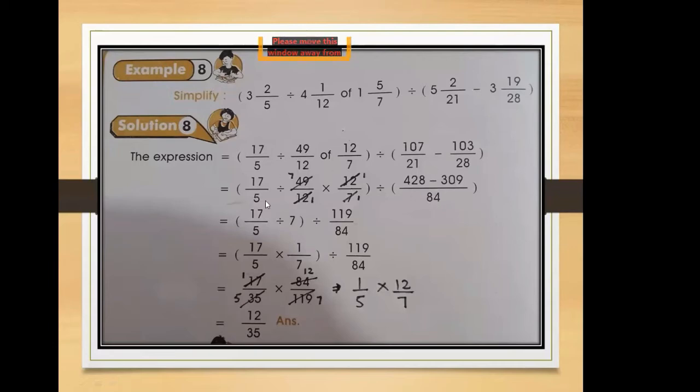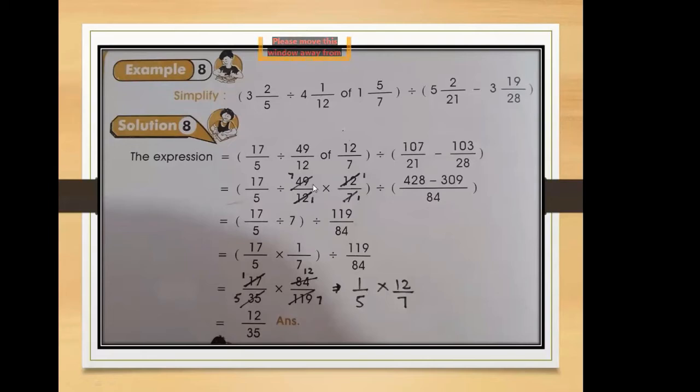Now come to this side. If cancellation is possible, we will simplify the fraction. But if cancellation is not possible, just leave it. But in this situation, cancellation is possible. What is the cross value of 7? The cross value of 7 is 49 and the cross value of 12 is 12. So it means simplification is possible in this step.